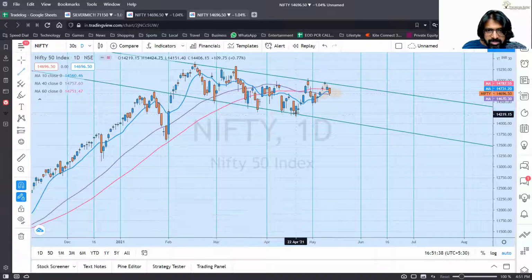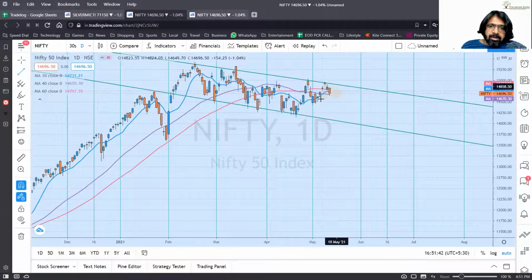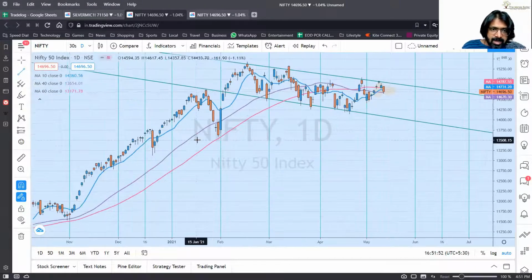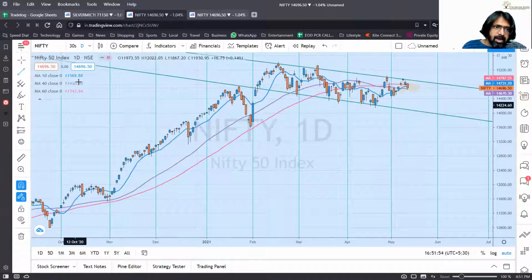Okay, this is a price channel which is going on. Okay, and we are seeing this moving average convergence also taking place out here. Okay, so that is that, and we also had another average coming from down.